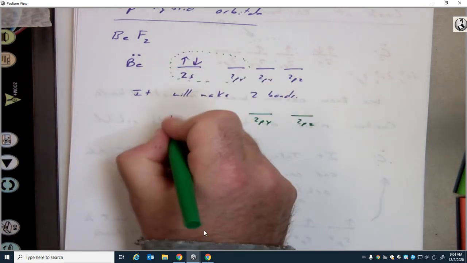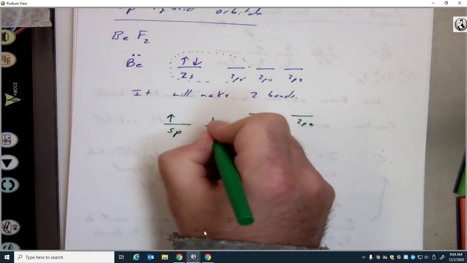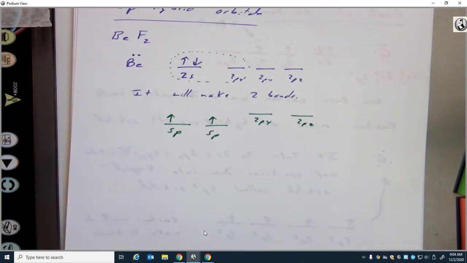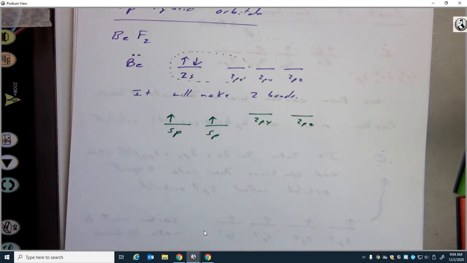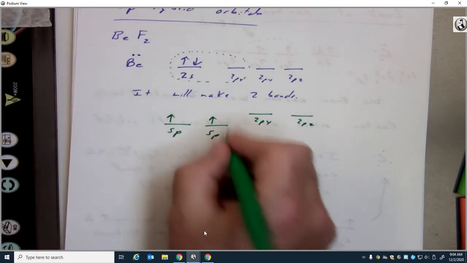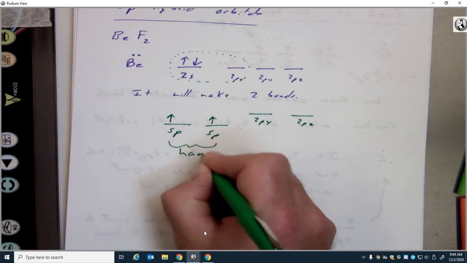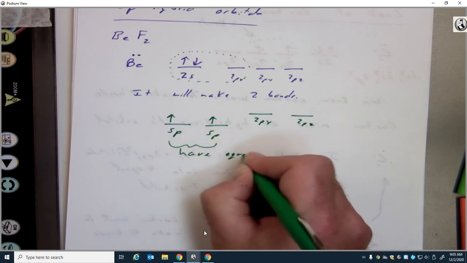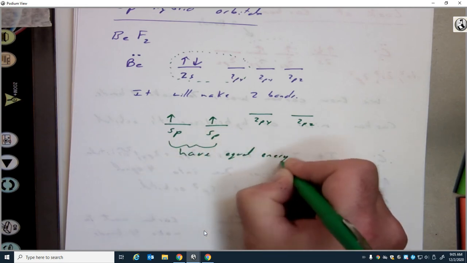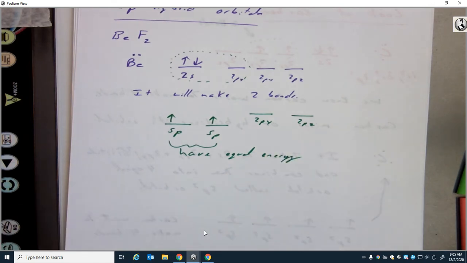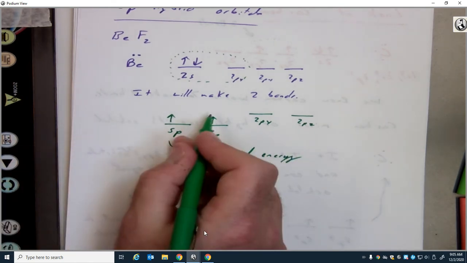And one of these electrons is here, and one of them is here. So now these two sp orbitals have equal energy. And now we can see why beryllium wants to make two bonds.